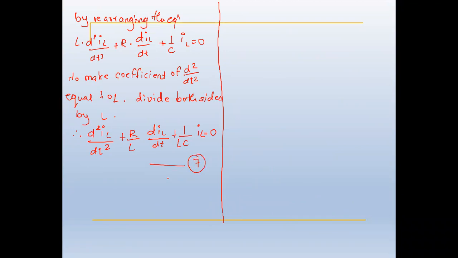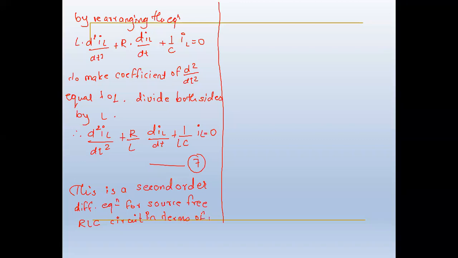Okay, so this is a second order differential equation for a source free RLC circuit in terms of IL. Hope you all have understood the same.